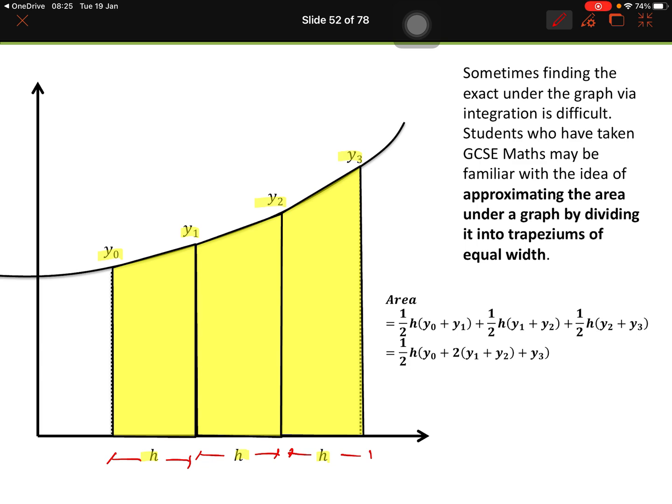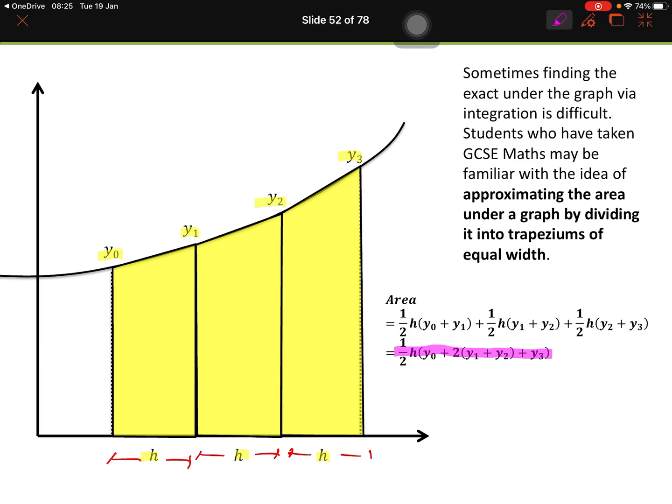But we can simplify that to give us that formula there. So to find the area under the curve using the trapezium rule, we will do a half h, lots of y0 plus 2 lots of y1 plus y2, then plus a y3.